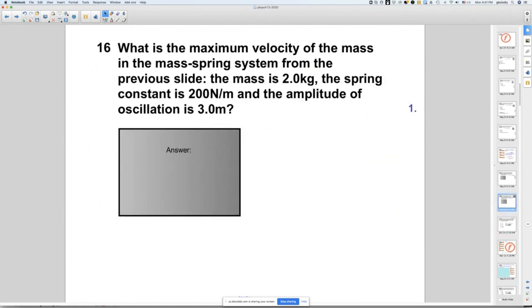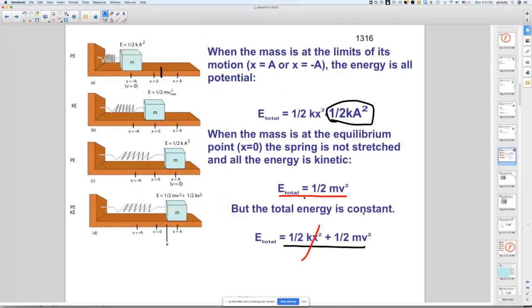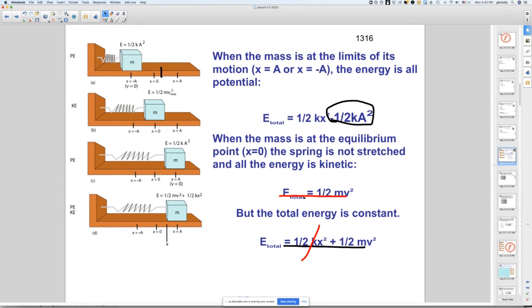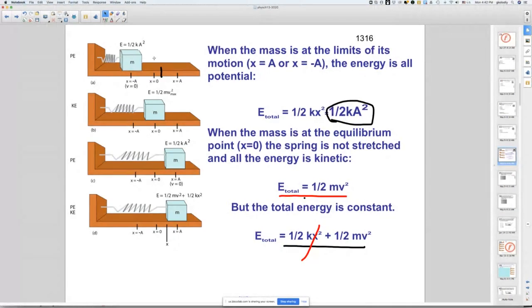The maximum velocity involves letting 1/2 m v squared equal 1/2 k A squared.